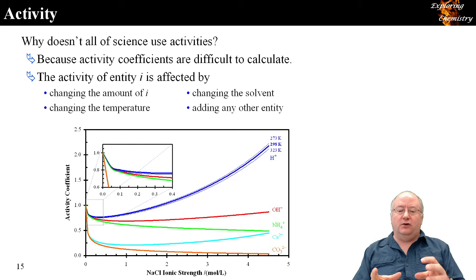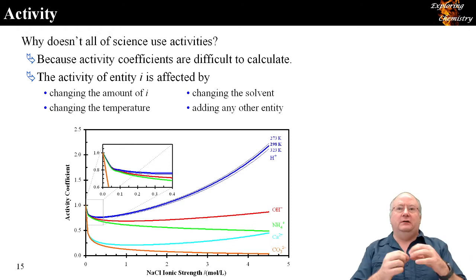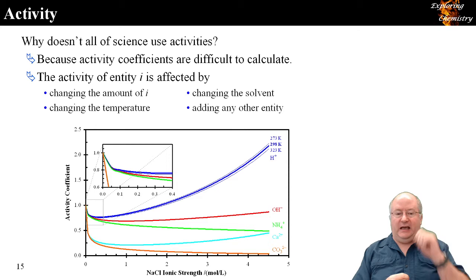However, what they do is they affect the activity coefficient. If you look at the inset, as we get to 0 ionic strength, a pure water solution, the activity coefficient approaches 1. So in the limit of infinite dilution, the activity coefficient is 1. But as soon as you start throwing other ions into the mixture, you end up seeing substantial deviations from 1.